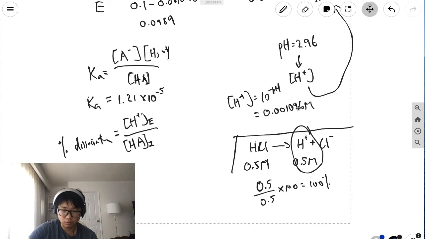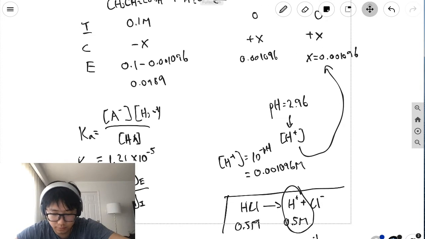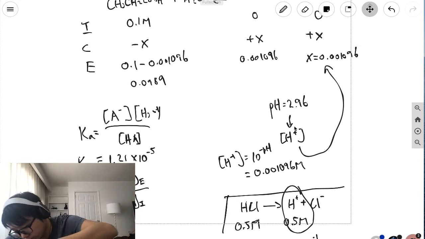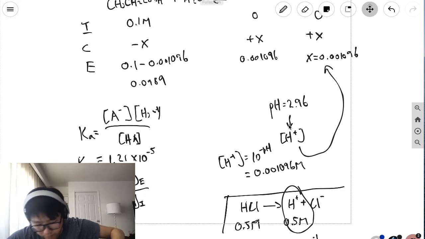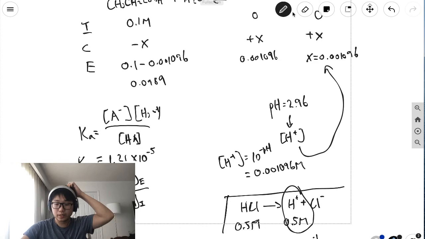Okay, so in this case, I'm going to divide 0.001096 by 0.0989, and of course that's going to give you a decimal, so we should multiply that by 100 to get the percentage.